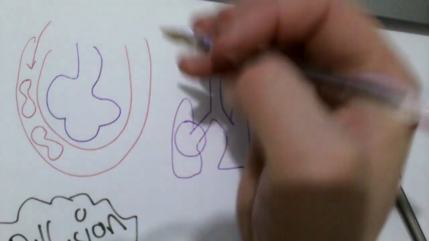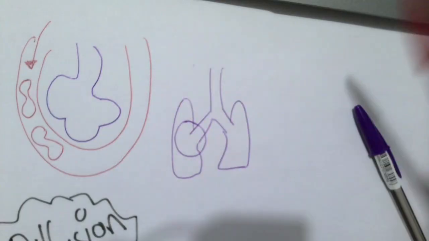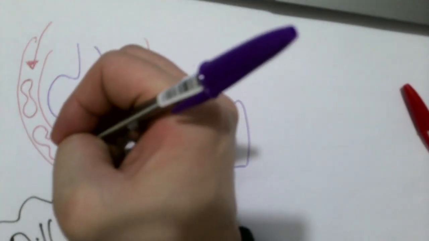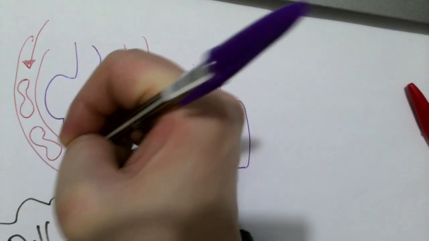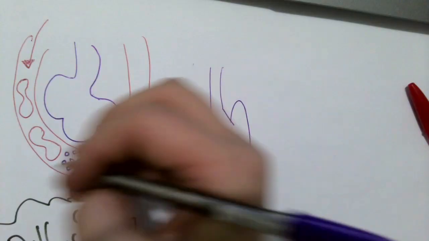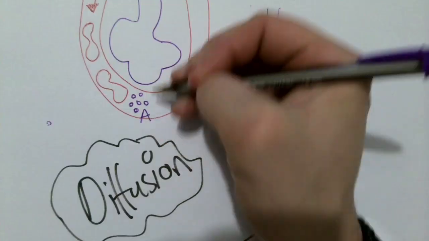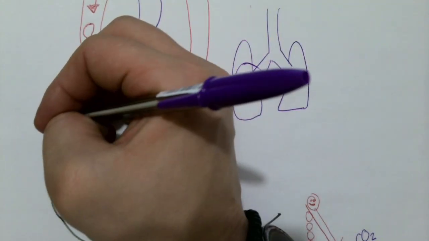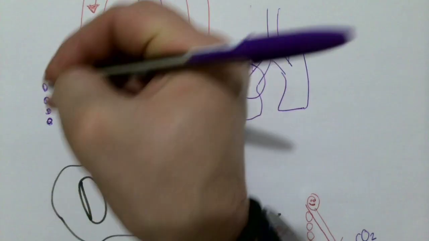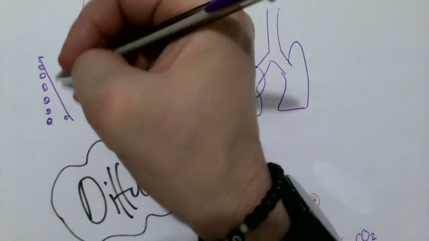As the blood comes back to the lungs, it contains a high concentration of carbon dioxide. So there we go, there is our 1, 2, 3, 4, 5, 6, 7. So there's location A, there's location B. Let's stick 1 in there. There it is.